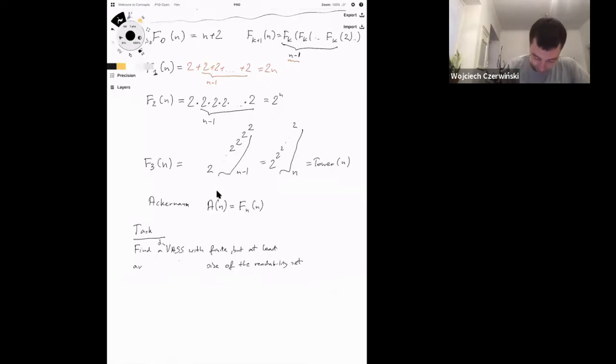So task 3 now is the following. Find a D-dimensional vase with finite but at least around F_{D-1} size of the reachability set. As before, we have defined a 4-dimensional vase with tower, so F3 size of the reachability set.